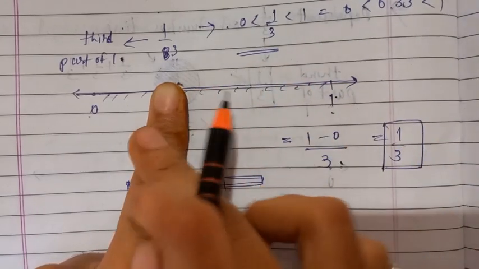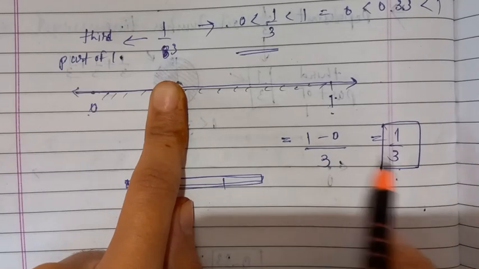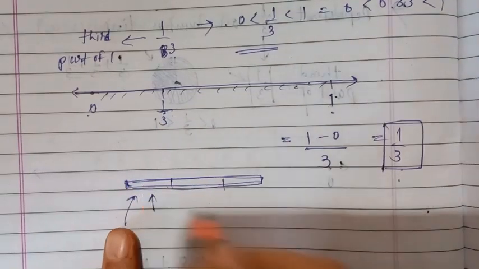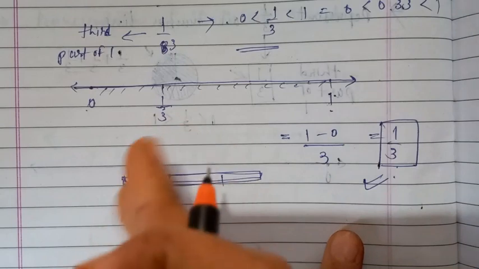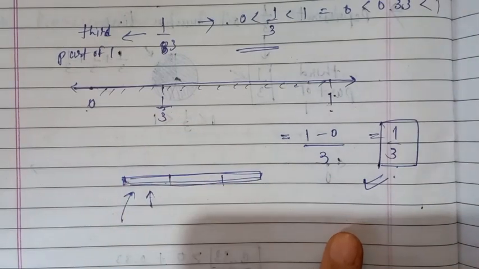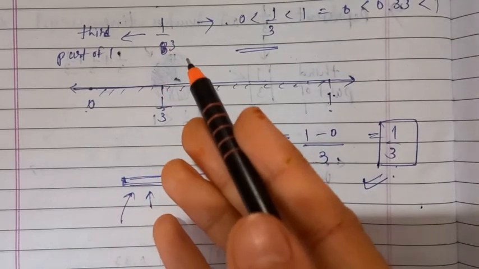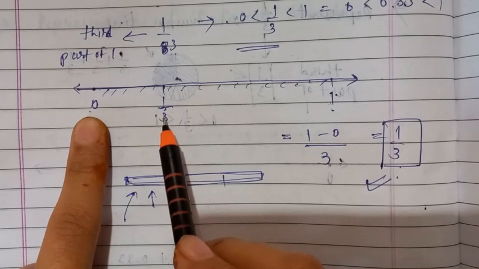So here I write 1/3 because this is the 1/3 part of this. And this is the gap between two numbers on our required number line for representation of 1/3. Our question is also 1/3. So how can I write it?